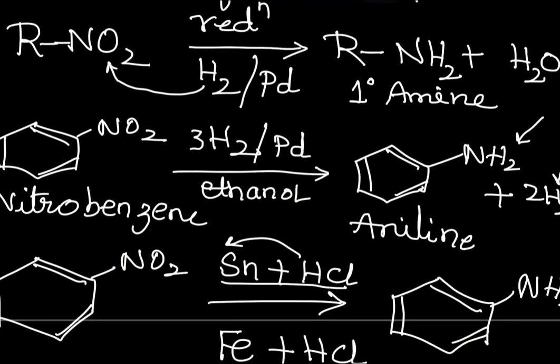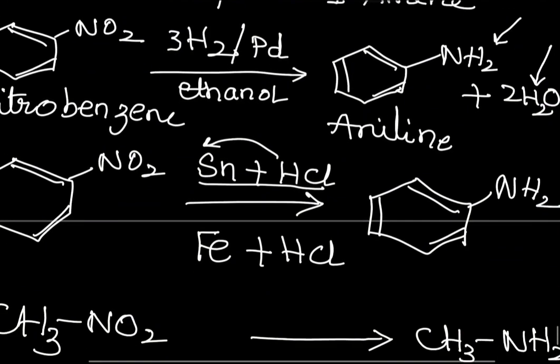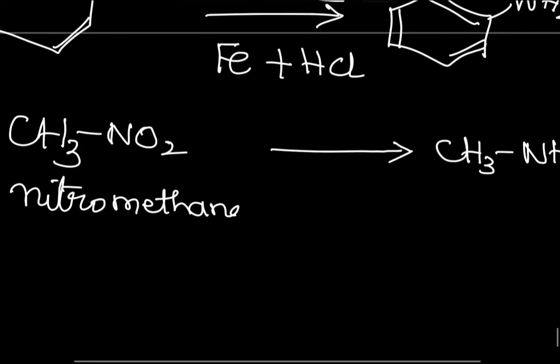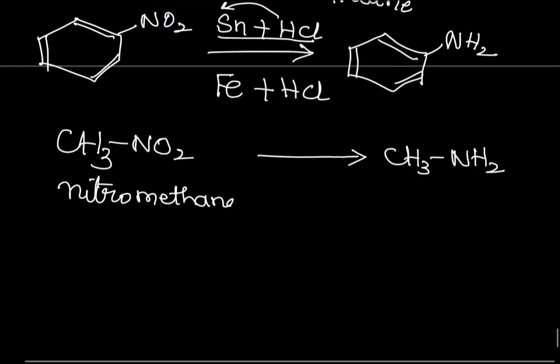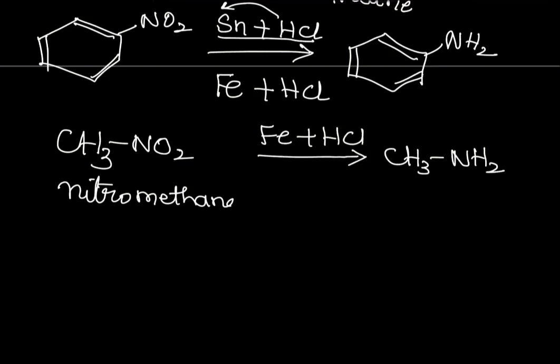That is called catalytic reduction. Whatever method is convenient, you can go. Here I'll take Fe plus HCl. It gives nascent hydrogen, which converts the nitro group into the NH2 group. So you will get methanamine.